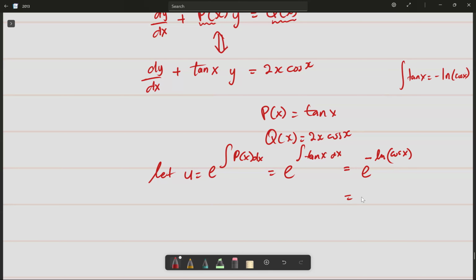And then that becomes 1 over cosine of x. Why? Because the negative goes inside, so it becomes e to the ln of 1 over cosine of x. The e and ln just cancel, transforming it down to 1 over cosine of x. Cool.